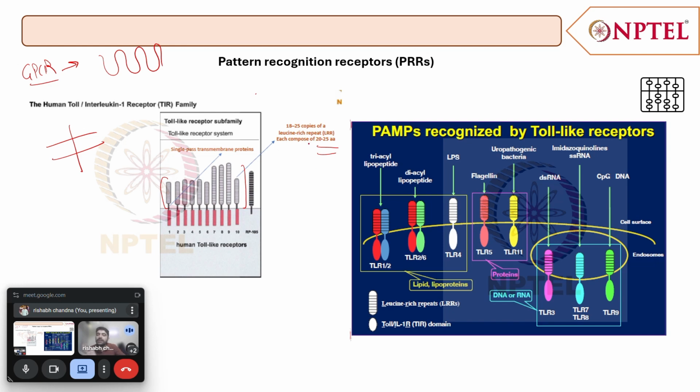These differ among TLRs, which is why there are different numbers of TLRs. Then we have another component, RP105, which has a similar domain toward the outside of the cell, but it doesn't have the intracellular domain.